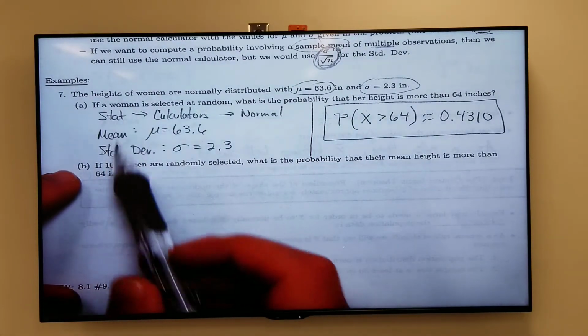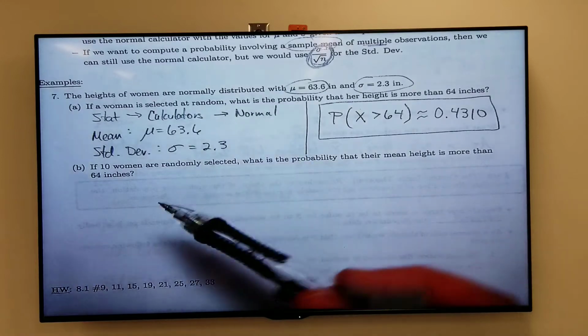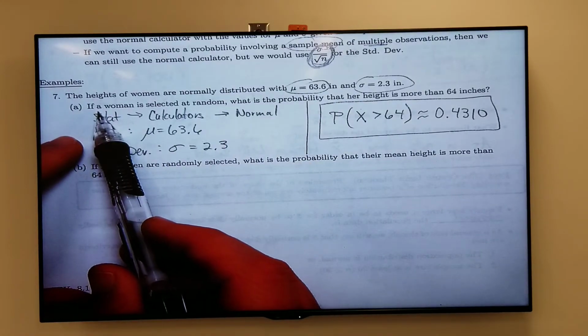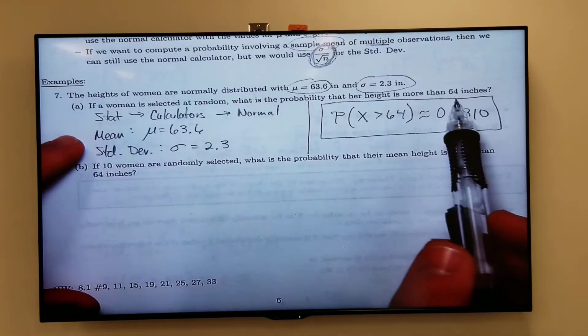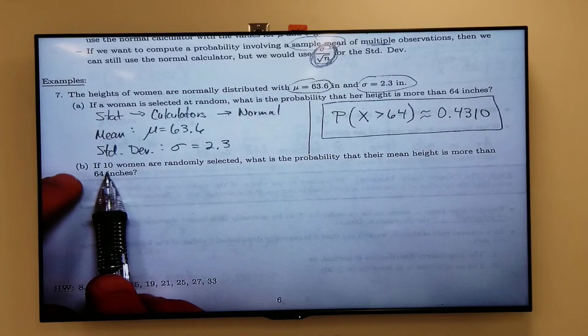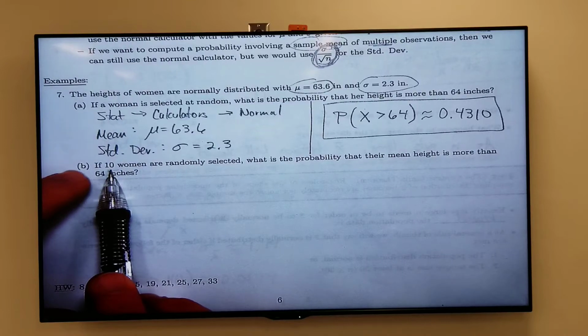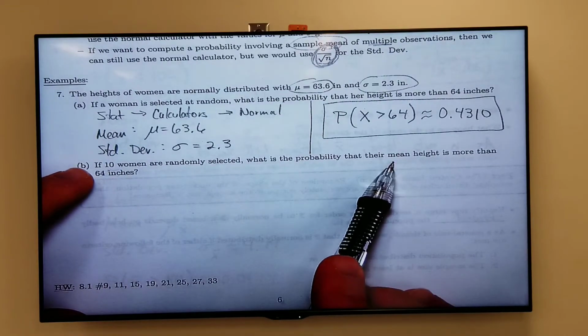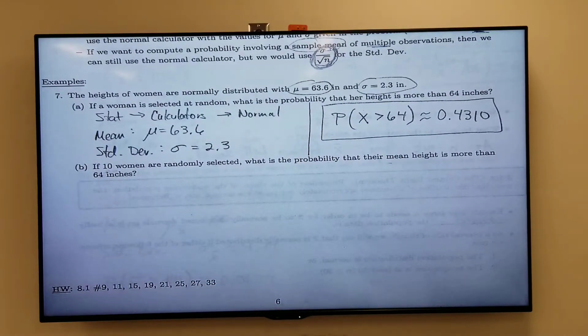The difference between part B and part A is that in part A, we were only looking at if a single woman was selected, what was the probability she was more than 64 inches tall. In part B, we're looking at if a sample of 10 women are selected, what's the probability that their sample mean is more than 64 inches.